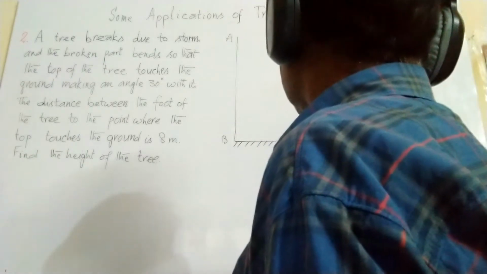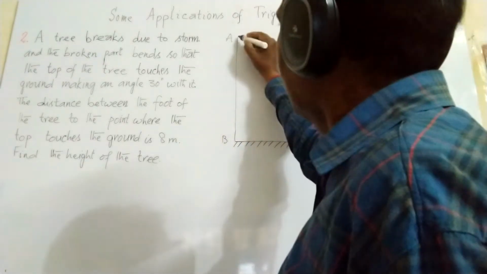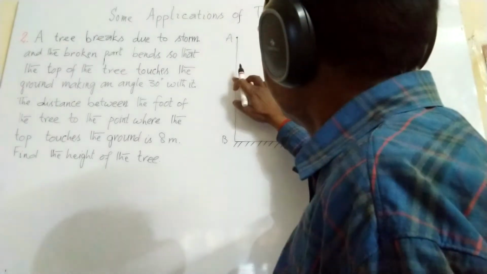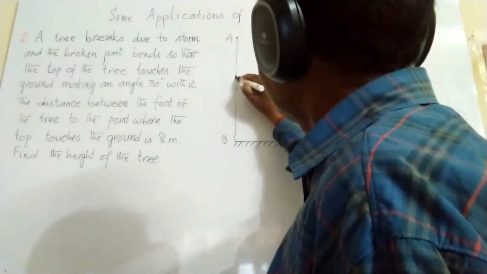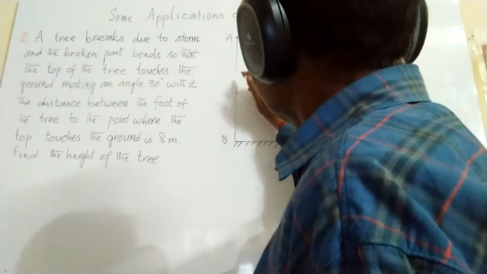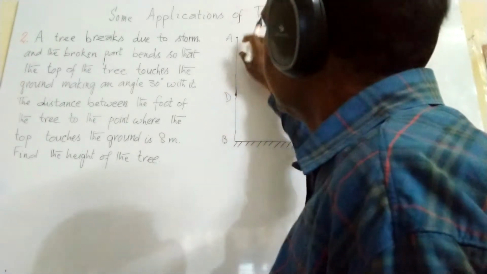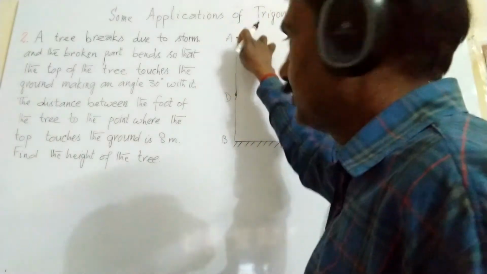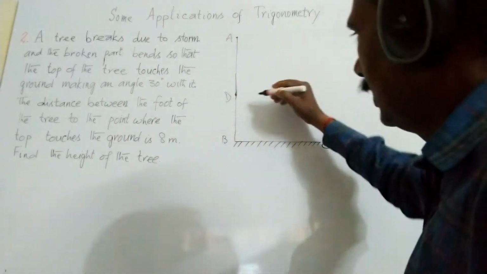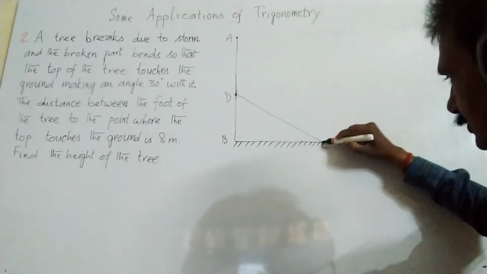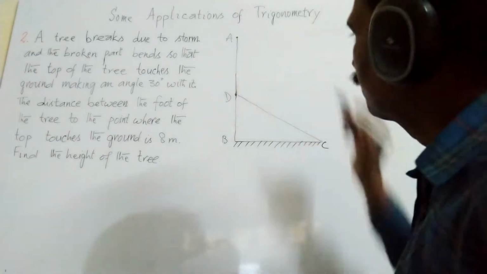Suppose due to a storm this tree breaks at the point D. This part of the tree is broken and it bends and touches the ground at C.